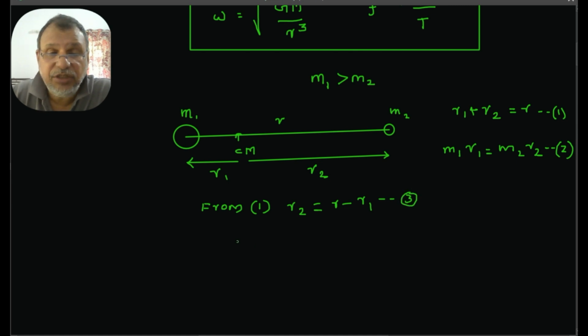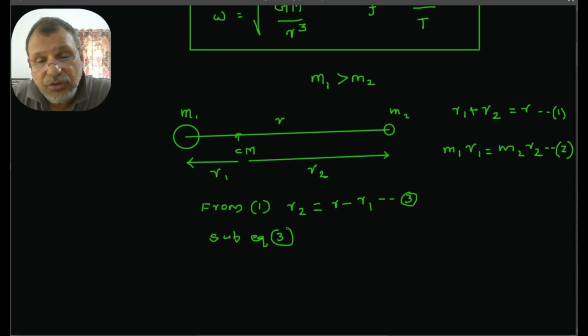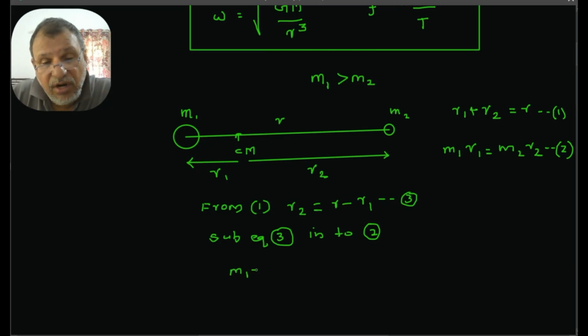All right. If you substitute equation 3 into 2, you would get M1 R1 is equal to M2 times, instead of R2, you may write R minus R1.